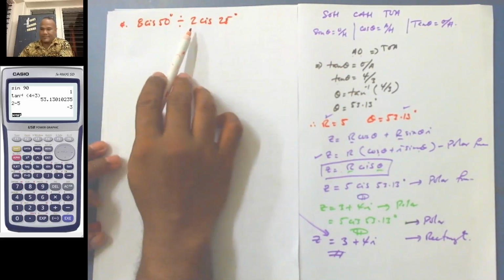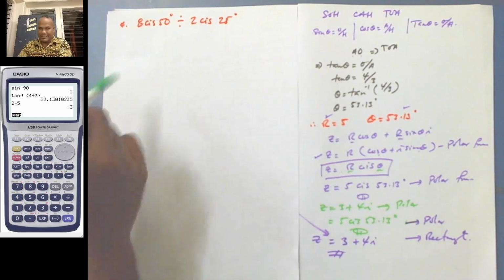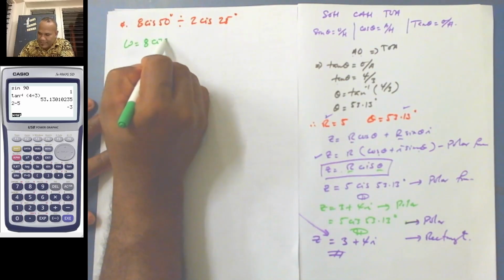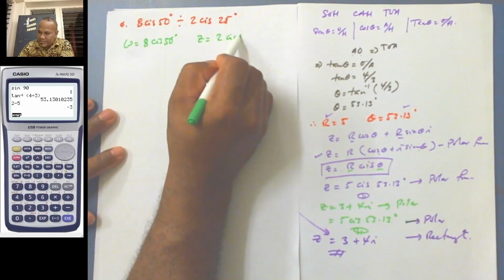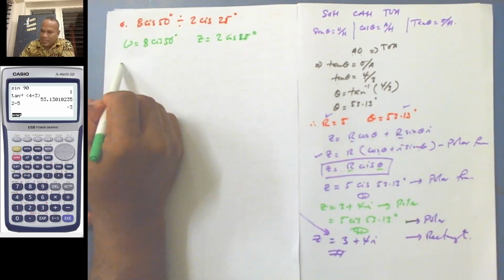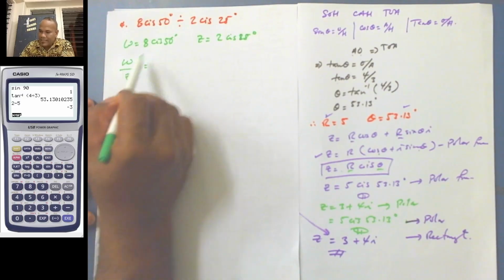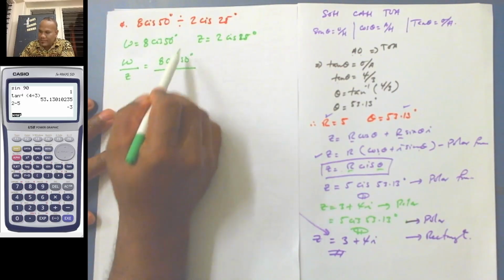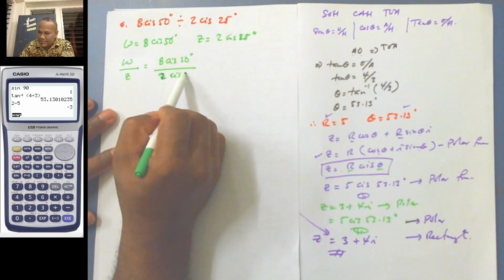The formula for dividing two complex values: if omega is equal to 8 cis 50 degrees and z is equal to 2 cis 25 degrees, what is omega over z? So omega is 8 cis 50 degrees over z, which is 2 cis 25 degrees.